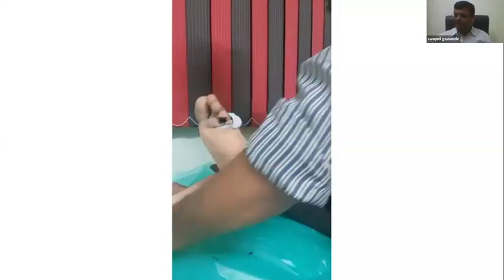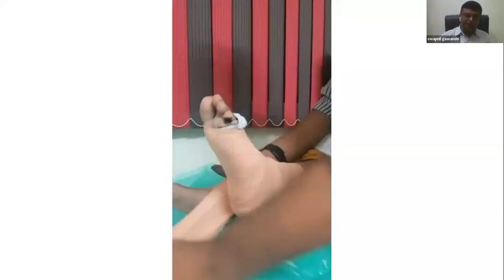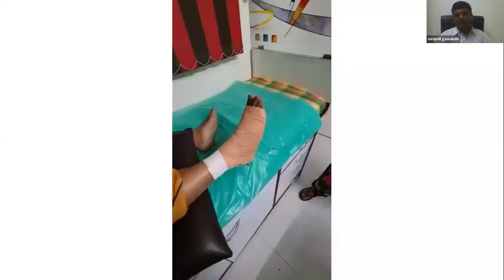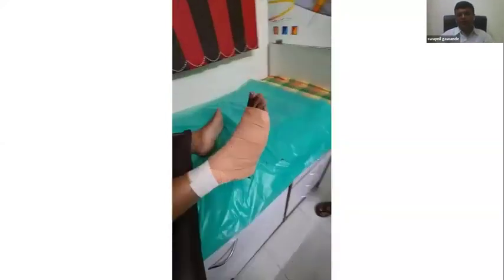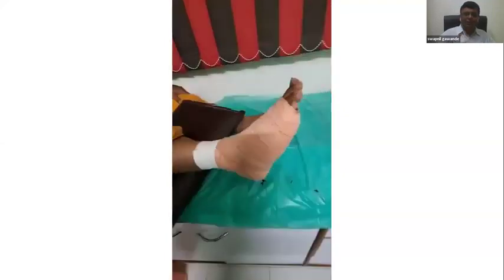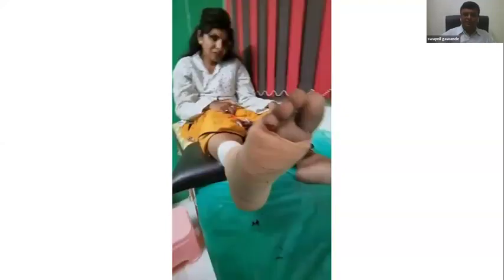While tying or binding the crepe bandage, always be careful that there are no wrinkles. So you can see how we have fixed it, and for more stabilization we have fixed the cotton tape over it.